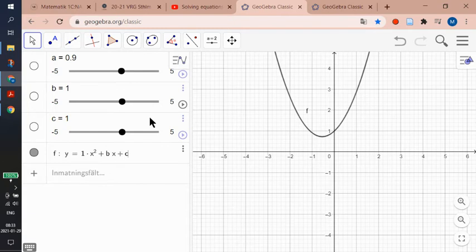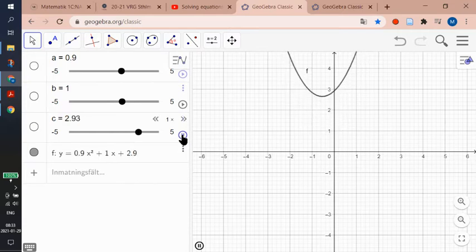And then maybe it's easiest to look at c next. We see here that the value of c is equal to the so-called y-intercept. That is where the graph cuts the y-axis. You see it cuts at 3.6 when the value of c equals 3.6.